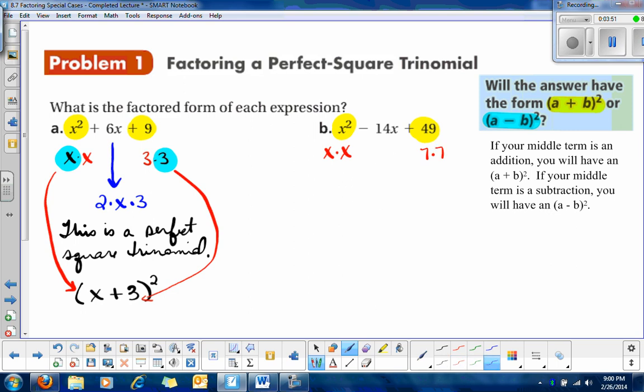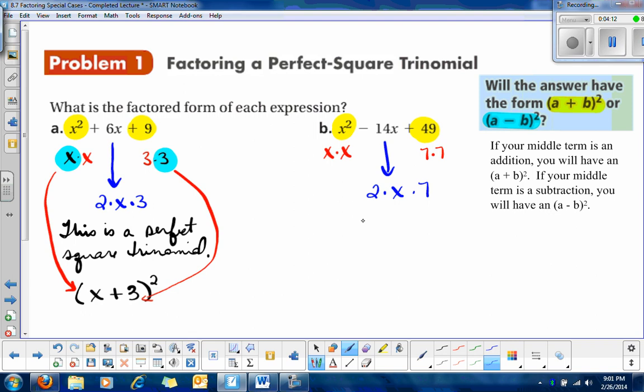And now I want to check to see if I take twice my a times my b, will I get my middle term? So I have 2 times x times 7, and yes, indeed, that gives us 2 times 7 is 14, times x is 14x.